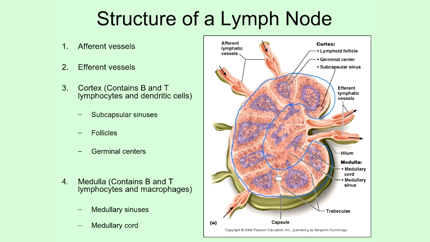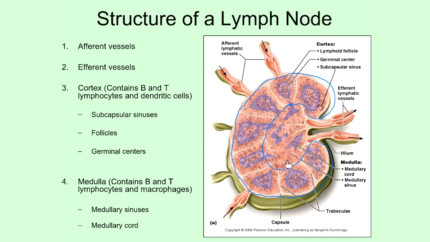And in the center of these follicles, we have what are known as germinal centers, which is an area where immune system cells are housed and where they're kind of developing. If you go into this space here, so kind of the middle of the lymph node, if you will, this is what's known as the medulla, and we also have immune system cells in this area as well.